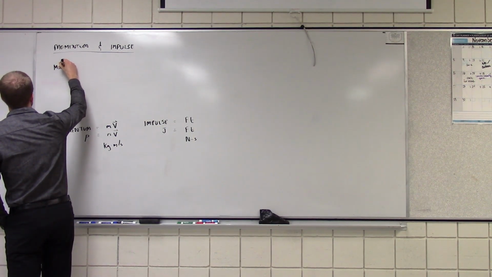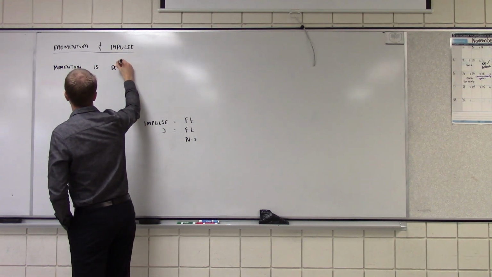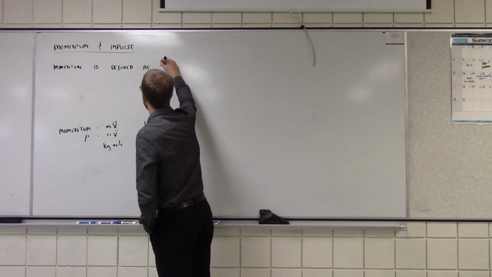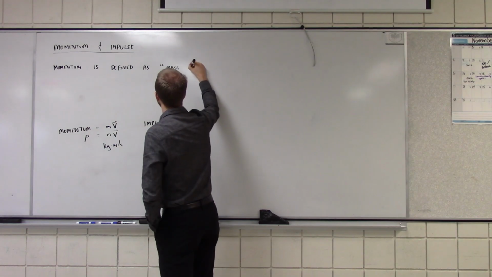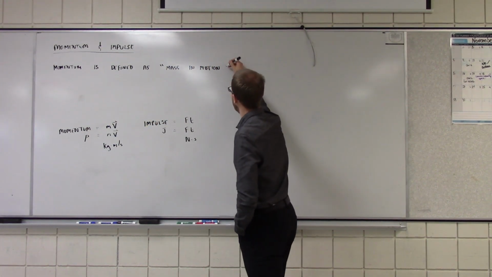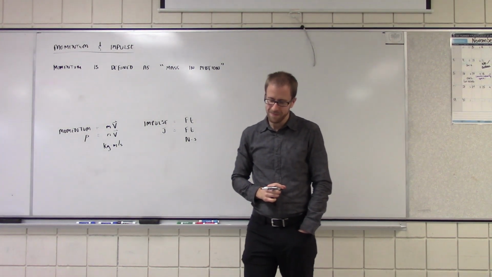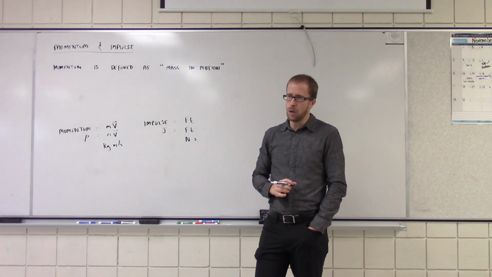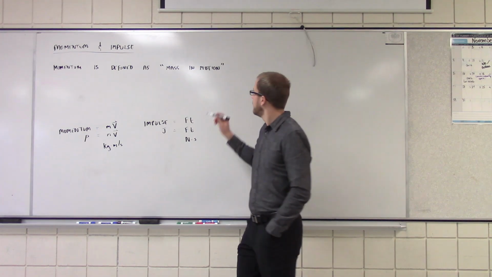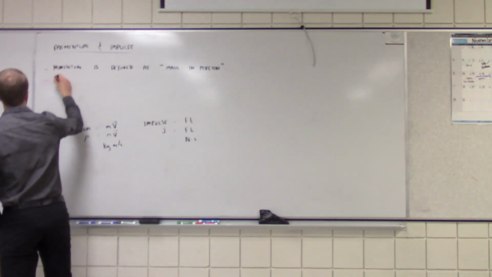So momentum is defined as mass in motion. Quite literally the variables of momentum. So if an object is moving, does it have momentum? Yeah, right? So we'll say if an object is moving, it has momentum.